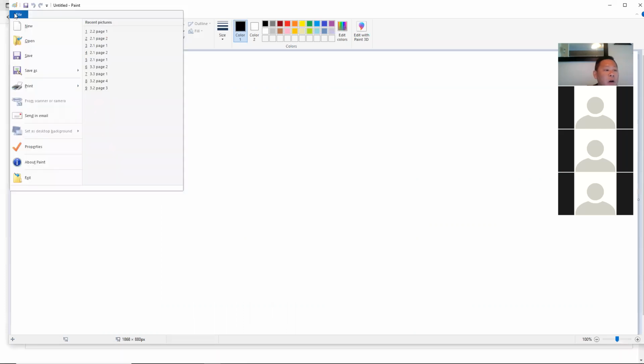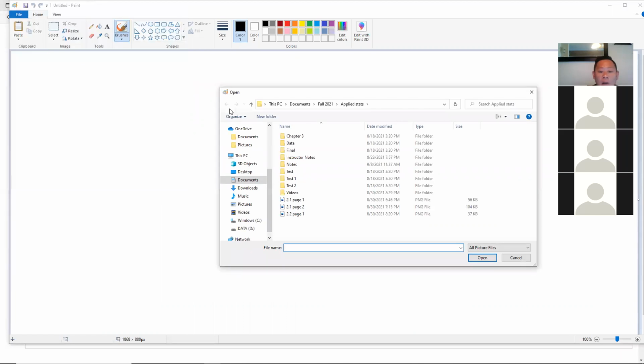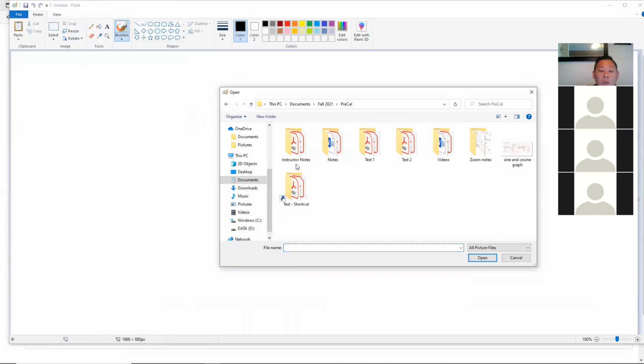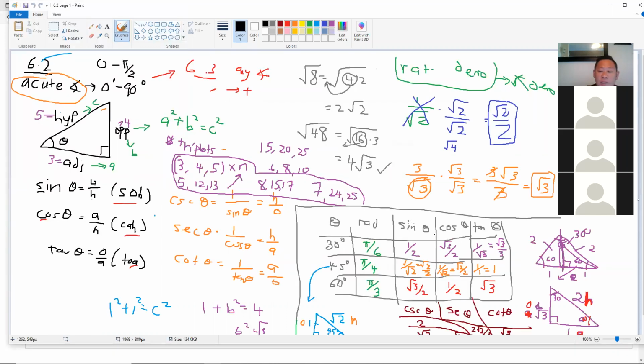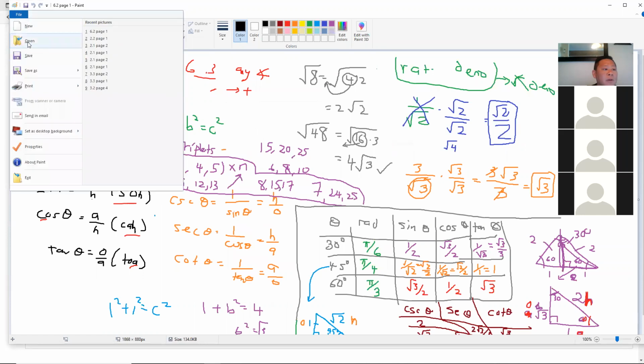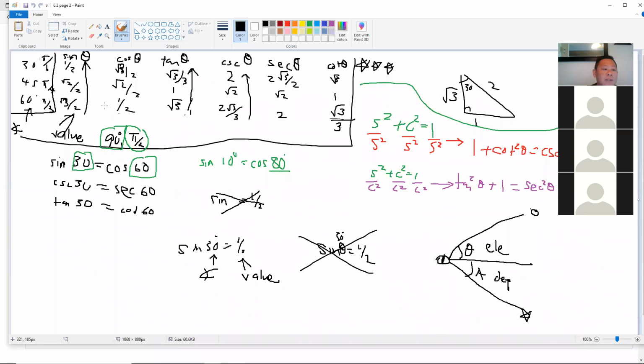If you recall what we did last time on chapter 6.2, I can show you the notes, page 2. So this is the notes that we have for 6.2.